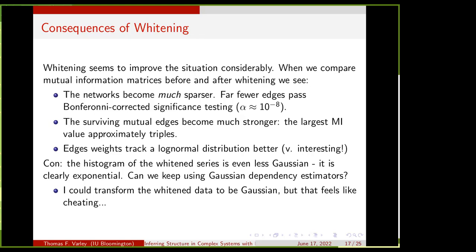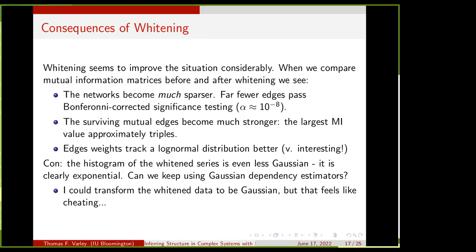And then the edge weights track a log normal distribution much better. If I just do the distribution of Pearson correlation edges or mutual information edges from the raw data and compare that to the whitened data, the whitened data follows a very nice log normal distribution, which at least in neuroscience, we generally think of as a good sign.